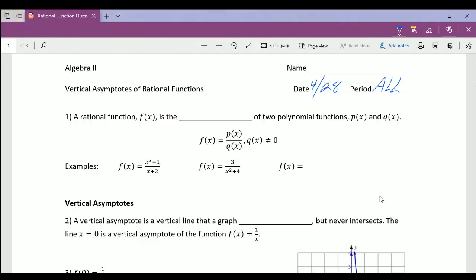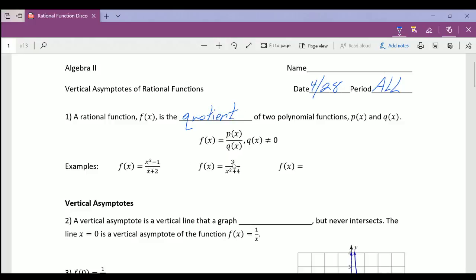Here we go. A rational function, f of x, is the quotient of two polynomial functions, p of x, q of x. This would be one polynomial up here. In the case there, our p of x is x squared minus 1.